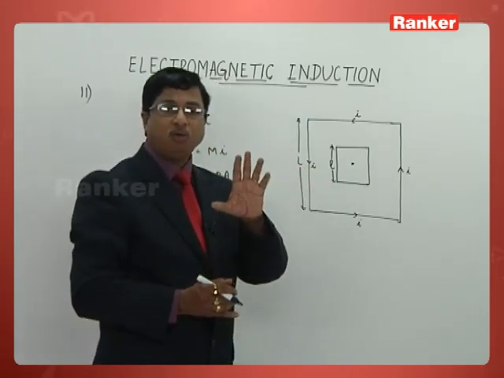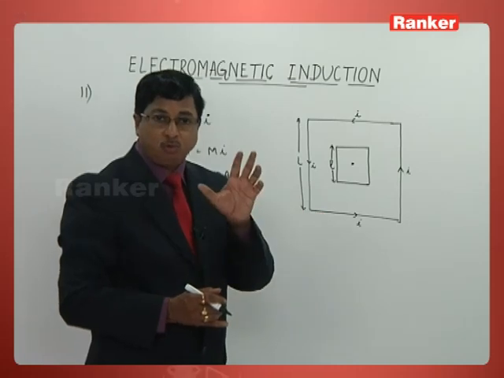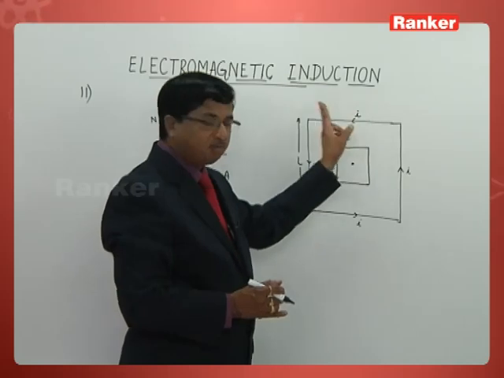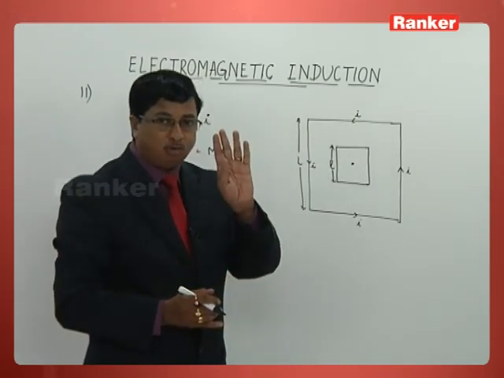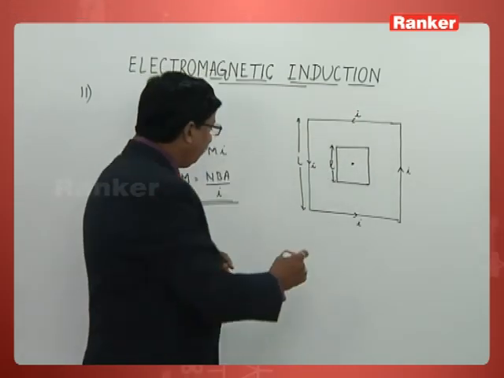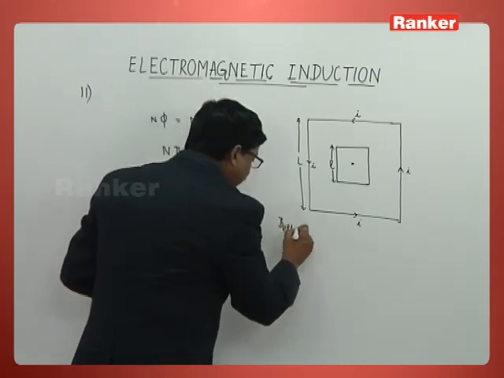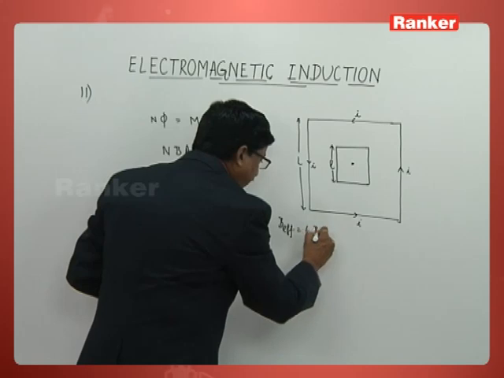Thereby we have to add them vectorially. So B plus B plus B plus B becomes 4B. So the effective value is 4 times B, I said. Fine.